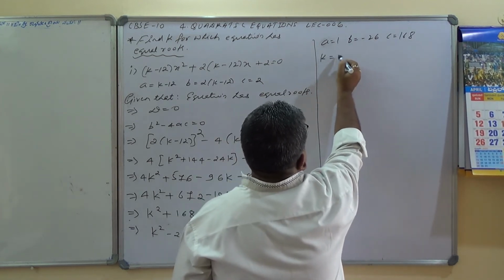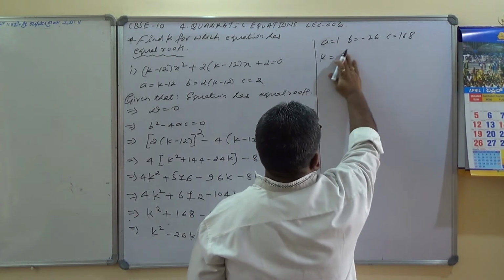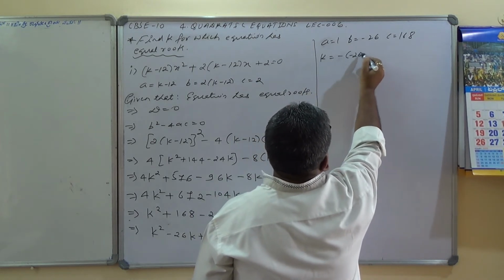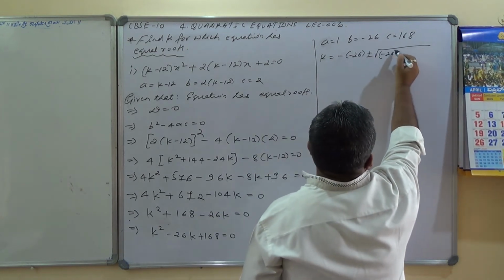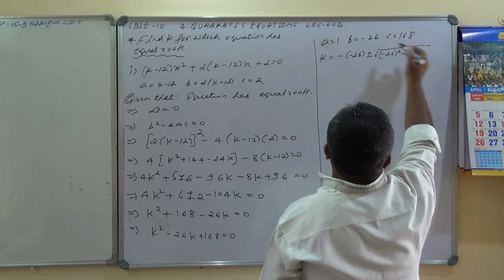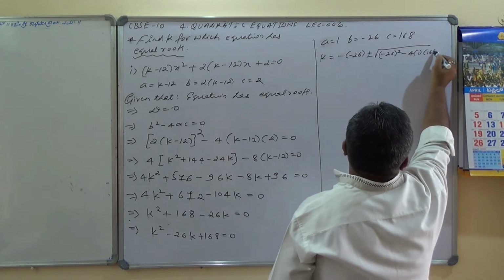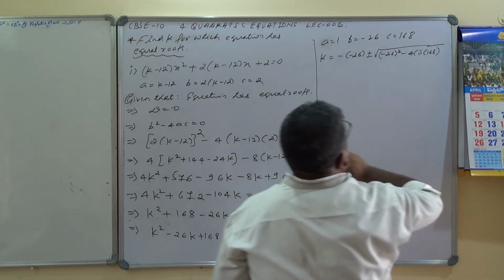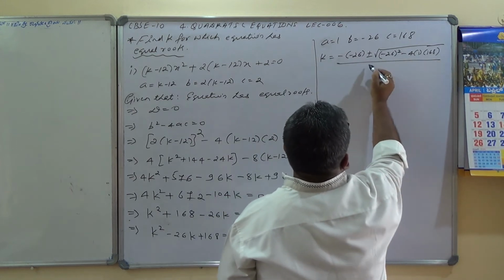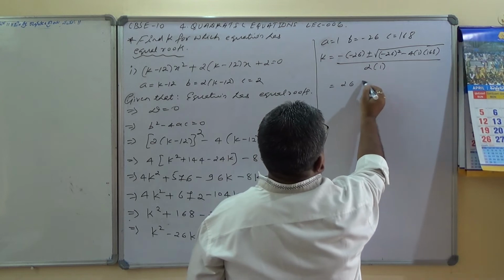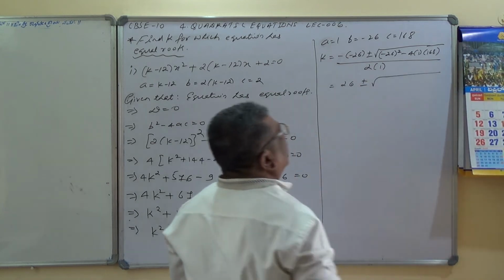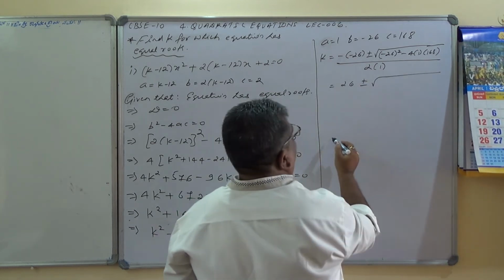So k equals minus b plus or minus under root of b square minus 4ac, the whole divided by 2a, which equals 26 plus or minus under root 26 square.